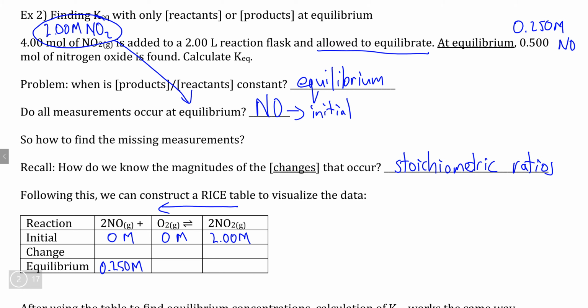So that means that because there's a coefficient of 2, we don't know what this magnitude is, but we can say that because oxygen has a coefficient of 1, it is going to gain a concentration to a magnitude of X, and because the stoichiometric ratios of the other reactants and products are 2, the change is going to be double that. So plus 2X in the case of nitrogen monoxide because the equilibrium is shifting to the reactants, and minus 2X because it's shifting away from the products.